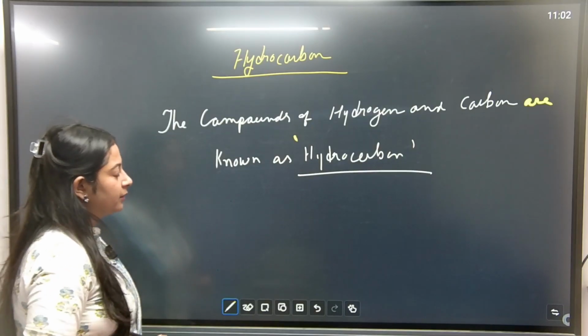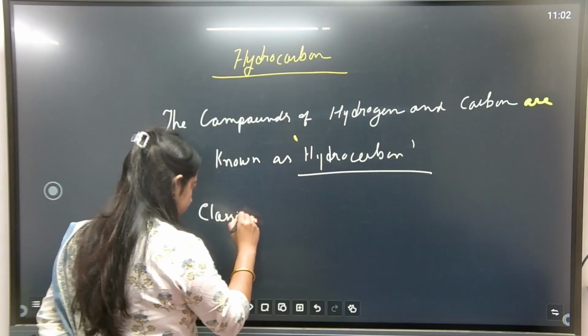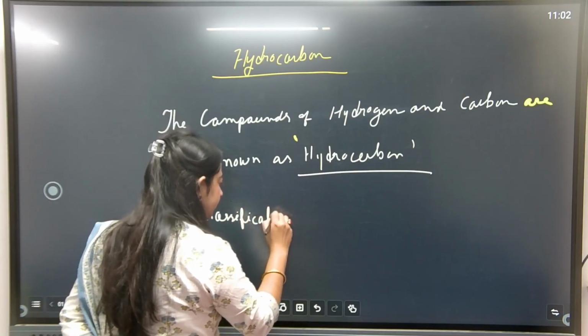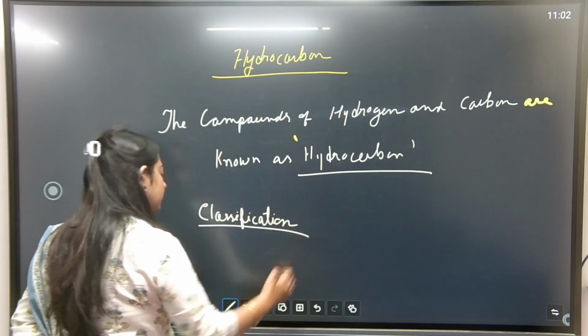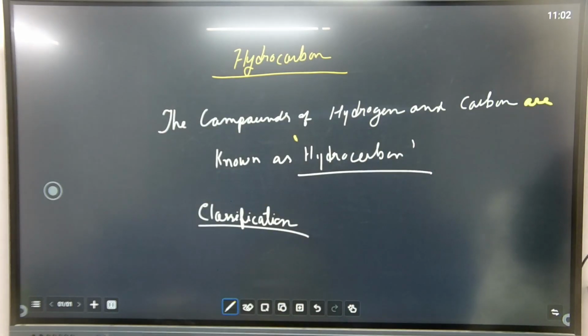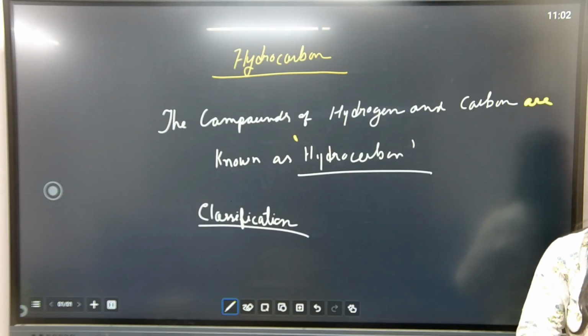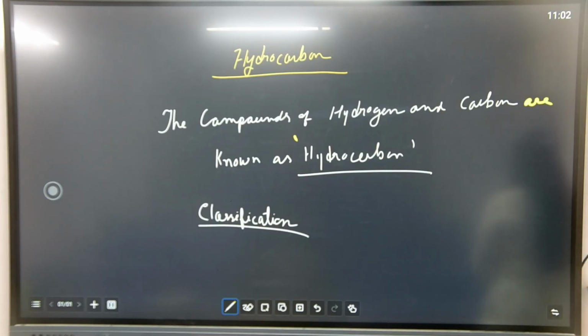Compounds of hydrogen and carbon are known as hydrocarbons. Then write classification. Now we will study simple classification, not the complicated one. Classification.